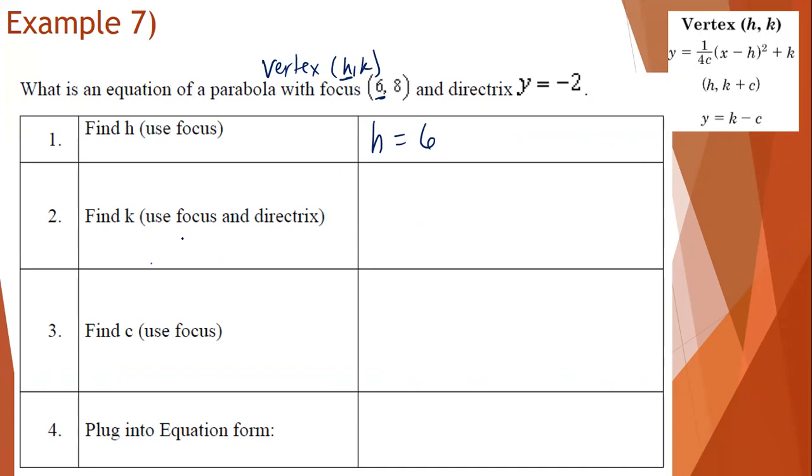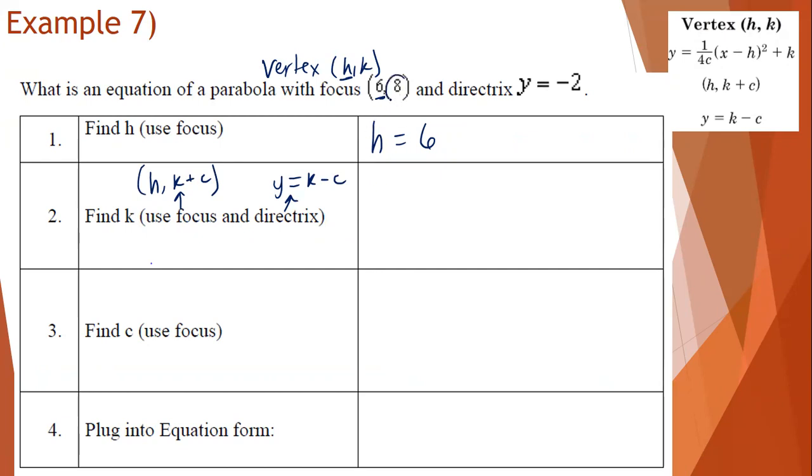To find our k value, we use our focus and our directrix. The reason we use both is that your focus is h comma k plus c, and your directrix is y equals k minus c. Using our focus, what is the y value of our focus?